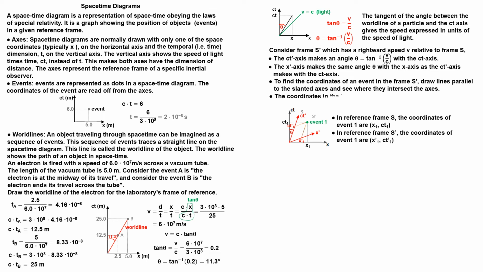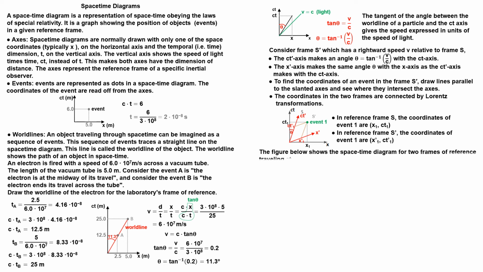The coordinates in the two frames are connected by Lorentz transformations. The figure below shows the spacetime diagram for two frames of reference traveling at constant speed v relative to each other. Use it to estimate the answers to the following questions.